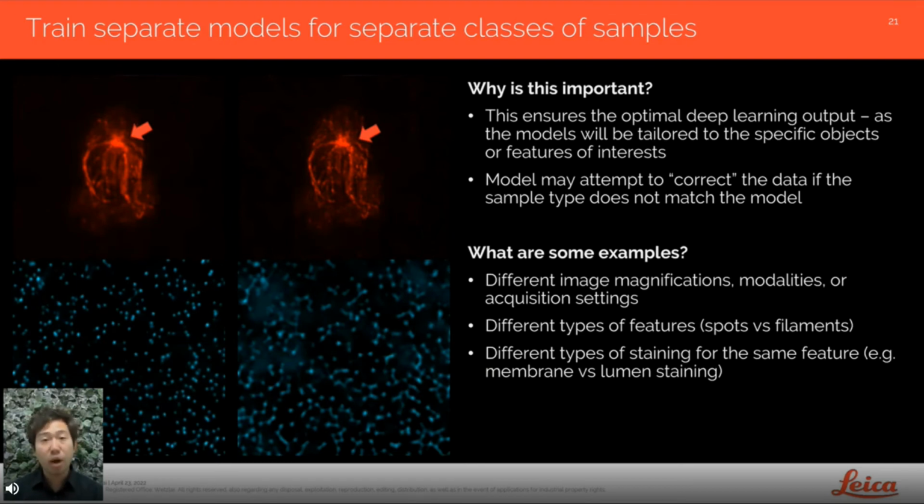But let's say you have a raw data set that has both wide field and confocal images in it, and a ground truth data set for something like STED. You are going to likely get bad outcomes from the training because the wide field and the confocal images look quite different, and the model may not be capable of identifying unique features that would allow it to enhance the objects that you're interested in to the ground truth data that you're looking at.